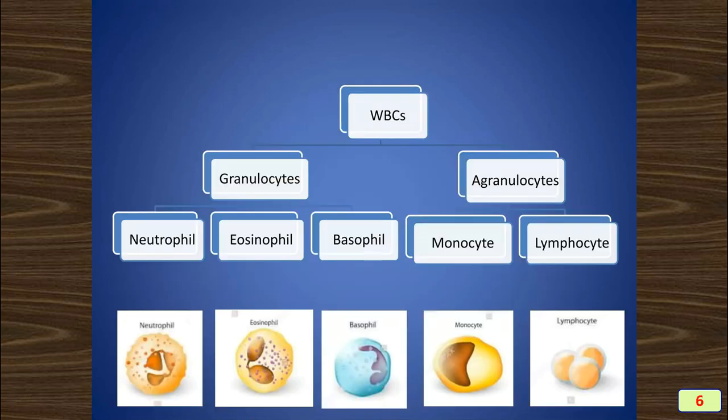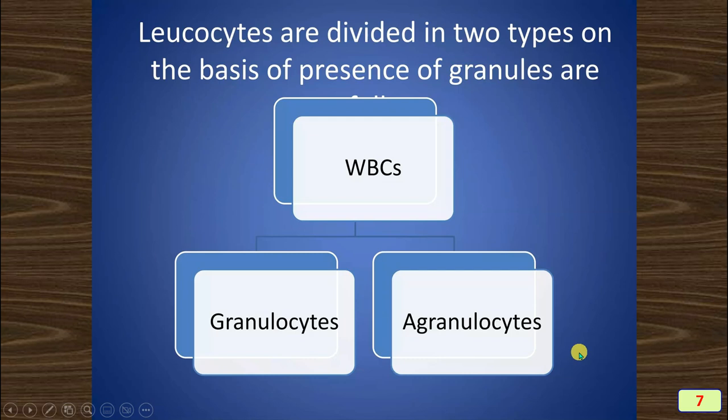Then the WBCs are also classified as granulocytes and agranulocytes. You can see the neutrophils, eosinophils, and basophils are called the granulocytes, whereas the agranulocytes are the monocytes and lymphocytes.